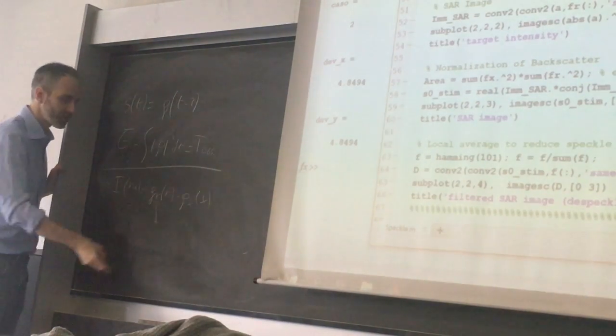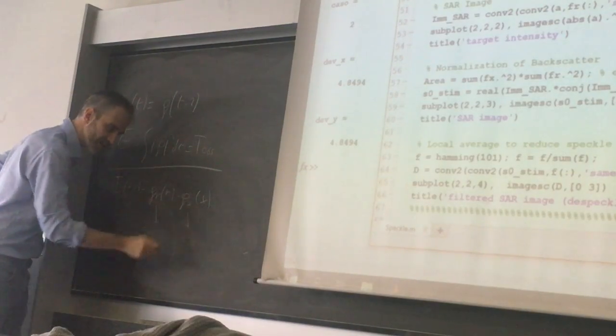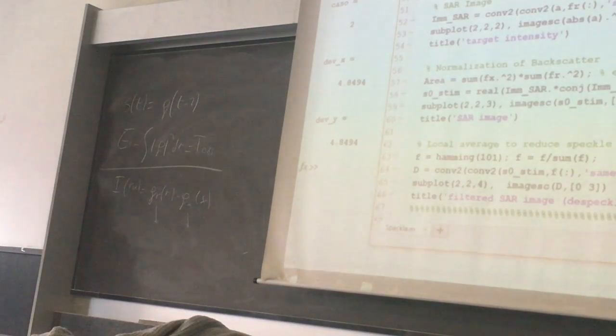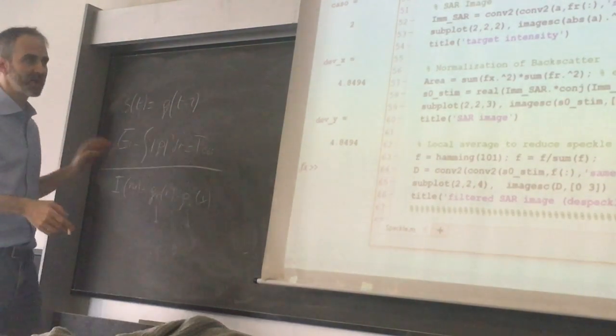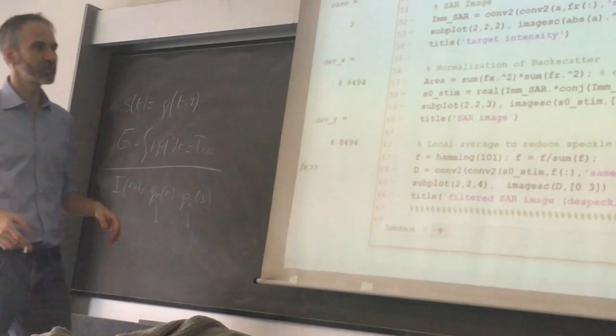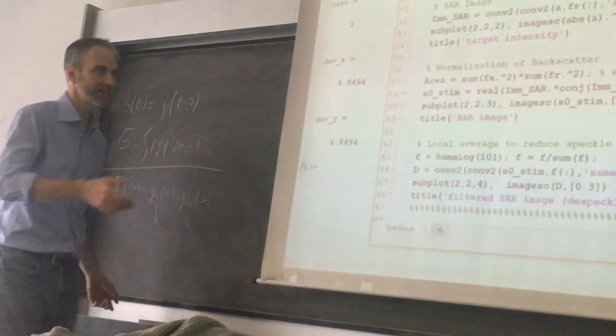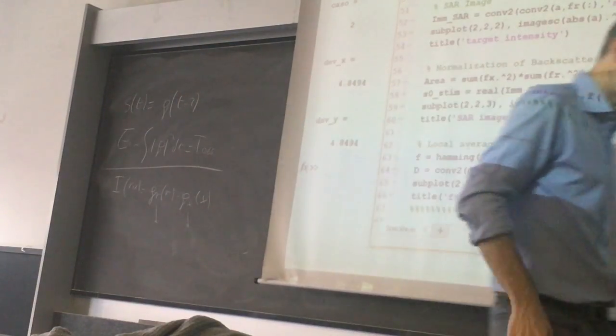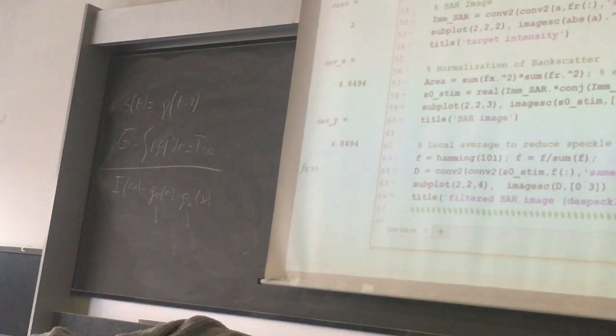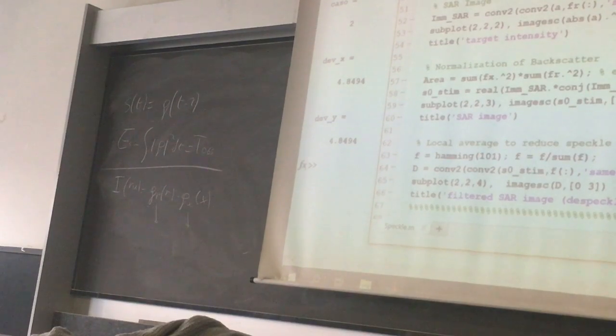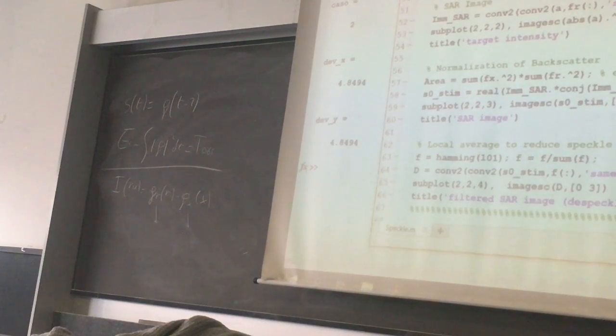The energy of g_X is the effective length in azimuth, and so the product of their energy is just the effective area of the SAR resolution cell. This is why I am calling this area. Okay, so this is it for speckle.